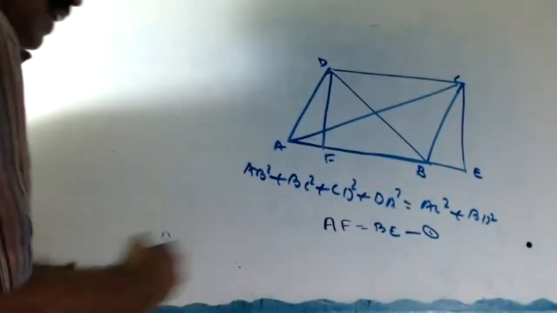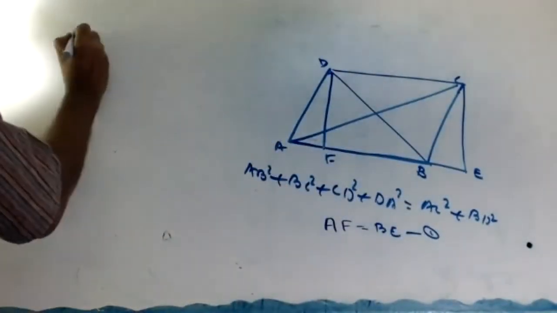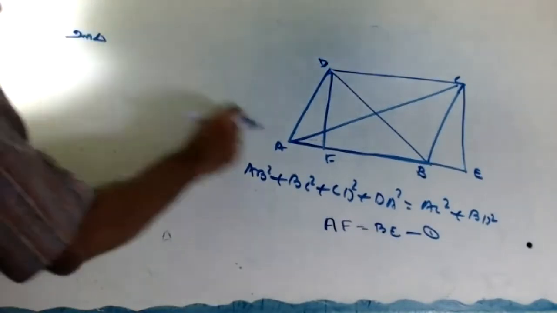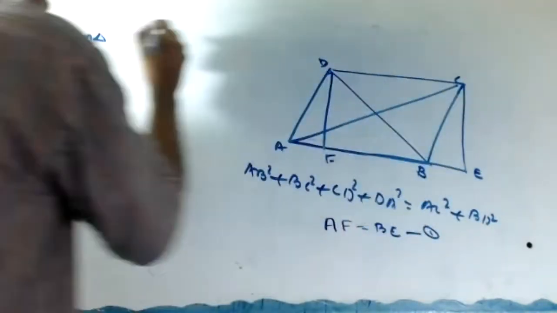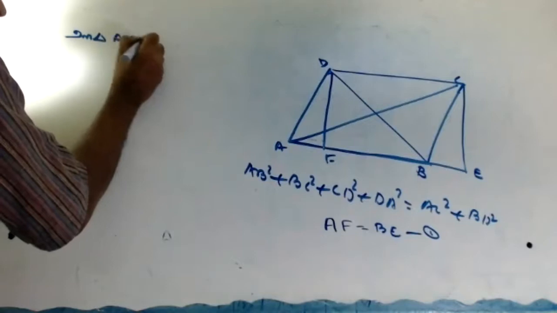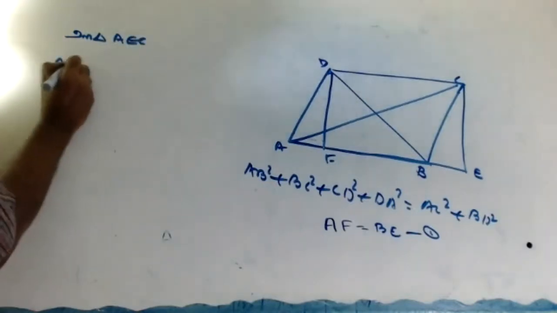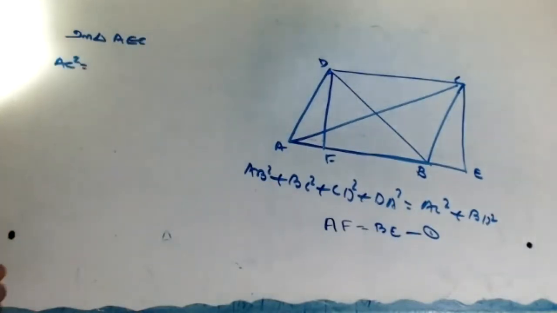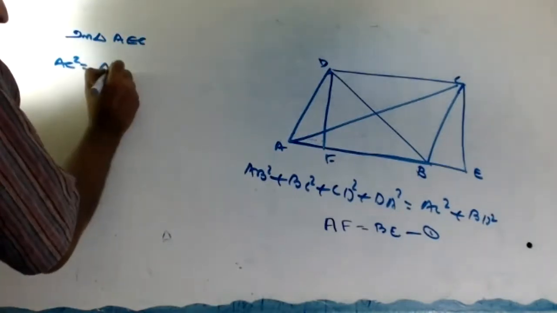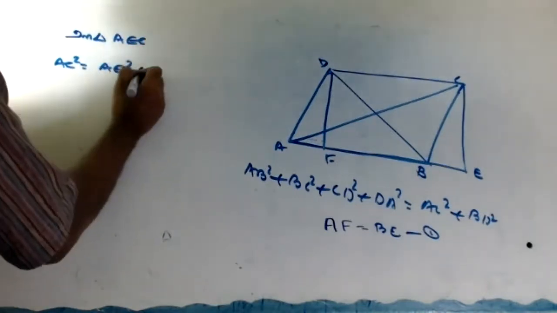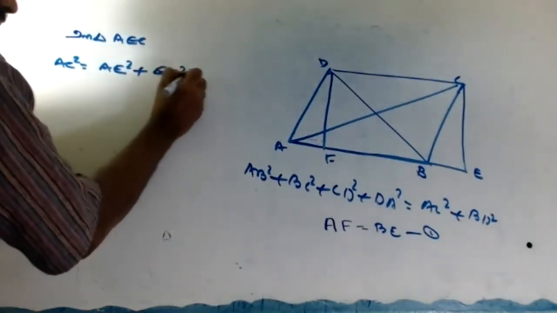Now we are going to start with AC square. AC square means in triangle AEC, AC square equal to AE square plus EC square.